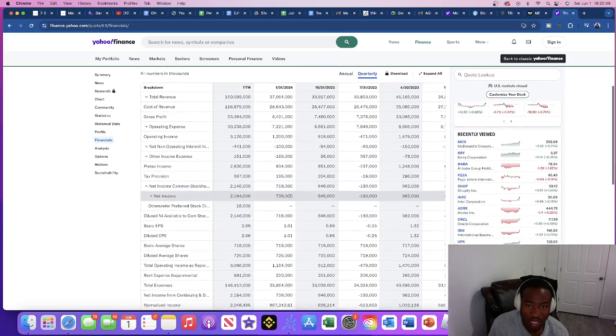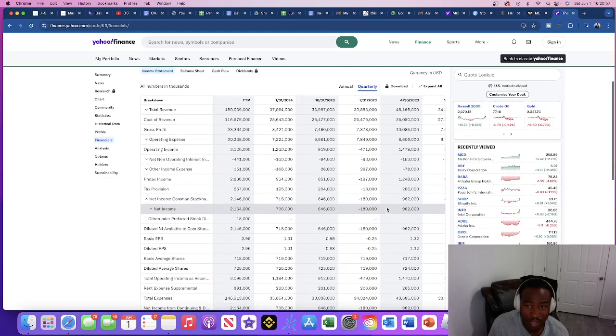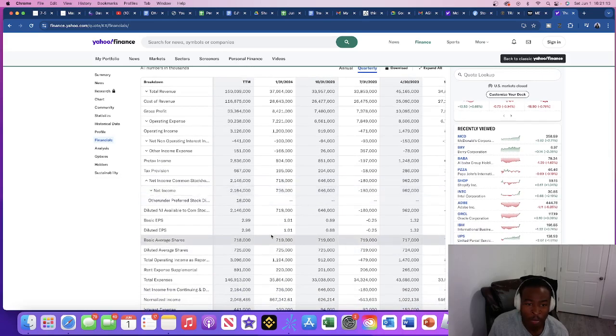So their net income per quarter, 2024 in January, they were pretty solid in January. So now, based off this, you can go back and look at their technicals and see if you really want to invest in a company like this or not, right?